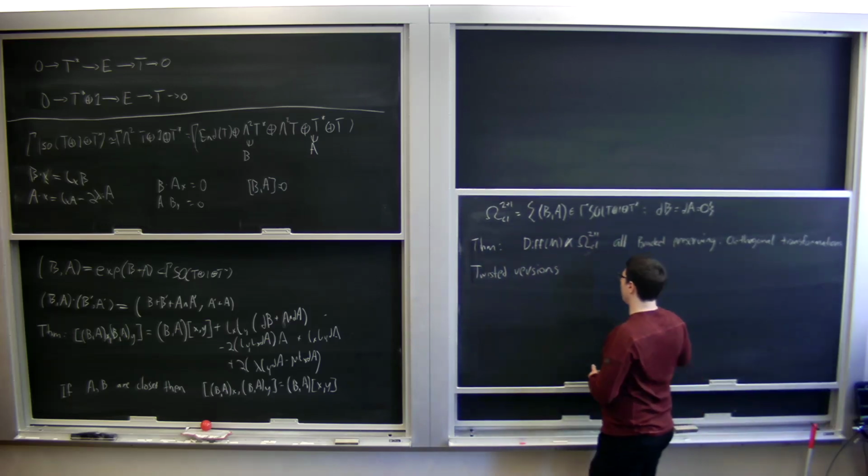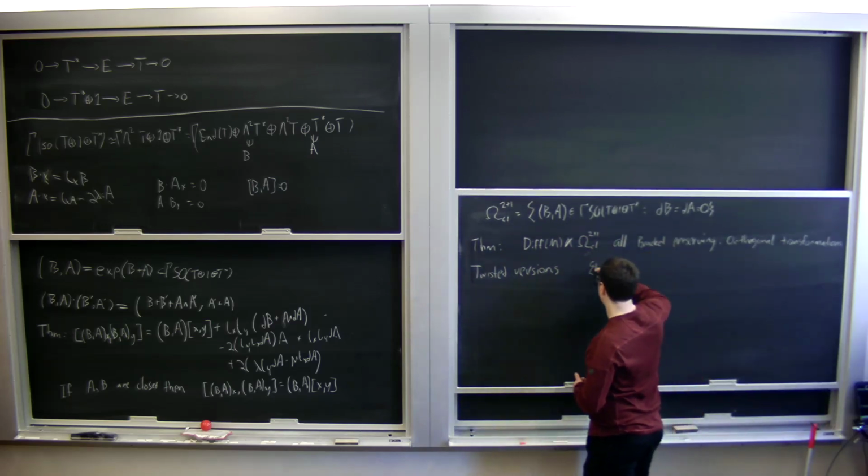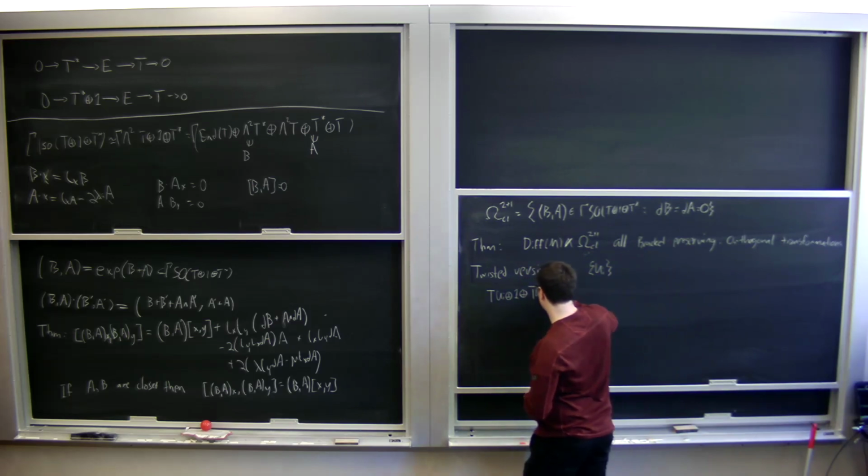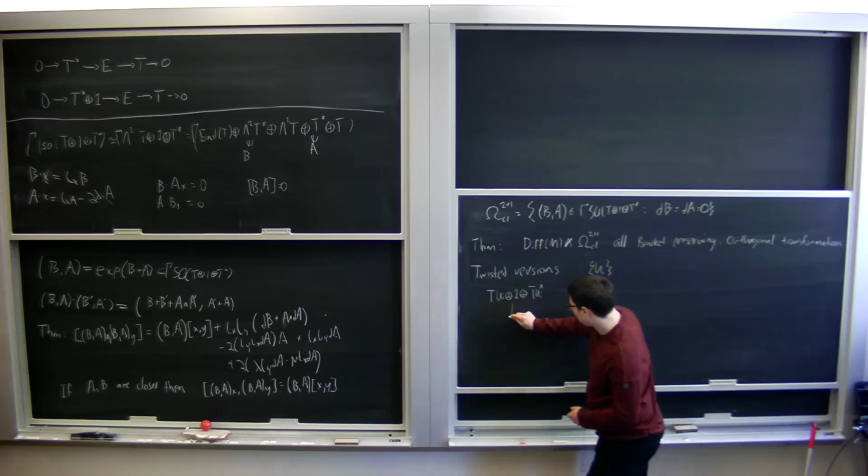If I have an open cover U_i of M, I can look at this bundle over each U_i: T U_i plus 1 plus T star U_i over U_i.